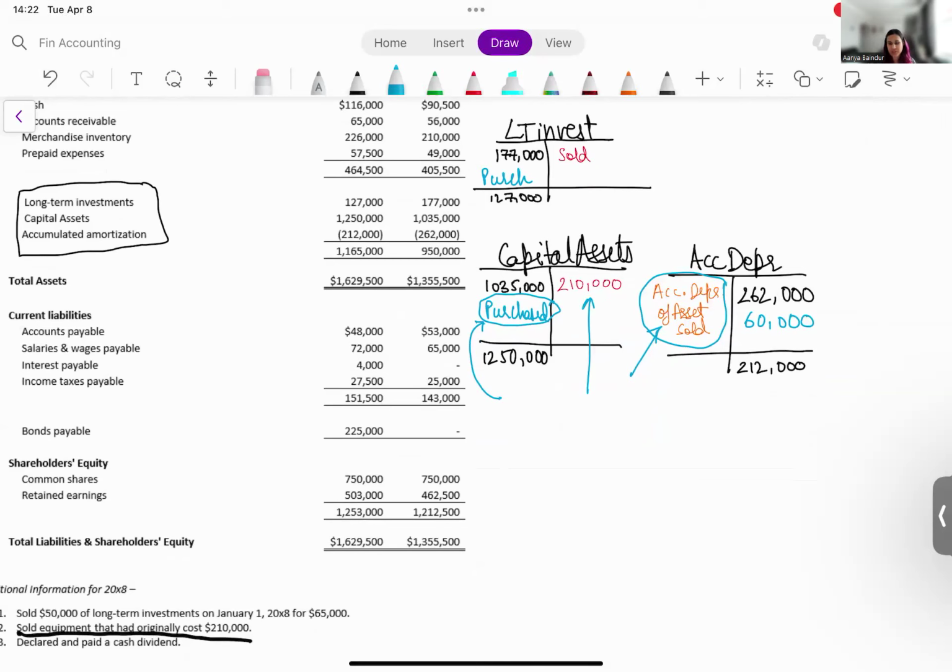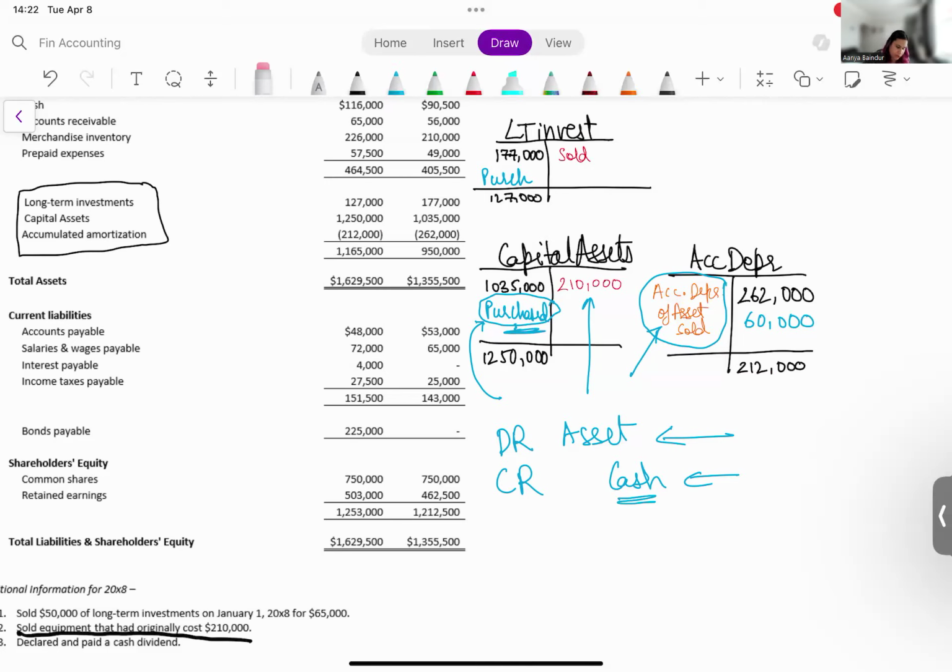That's not how much cash we got in that transaction. So we have to find out what the cash transaction involved in this sale was. For purchases, it's easy, right? If you remember your journal entries for a purchase of an asset, your debit is the equipment, whatever asset it is, and your credit will be cash. So in this case, it's the same. The purchase price is how much cash you paid out for it, right?